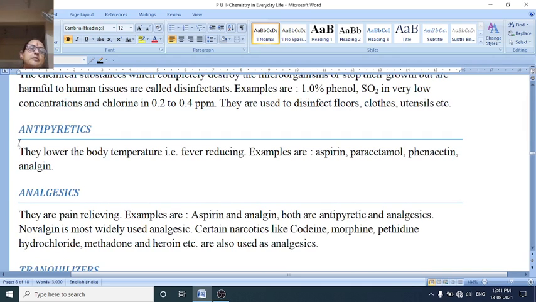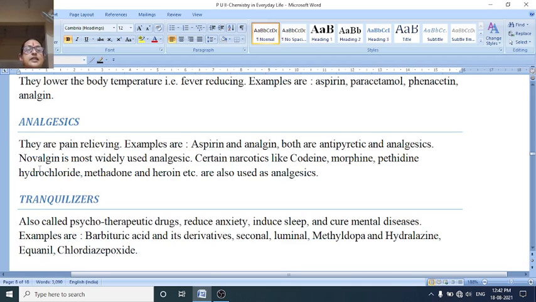Next is antipyretics. These are given to the patient who is having fever. They lower the body temperature, that is fever reducing. For example, the tablets are aspirin, paracetamol, then phenacetin, analgin. Next drug we are studying is analgesic. They are pain relieving.